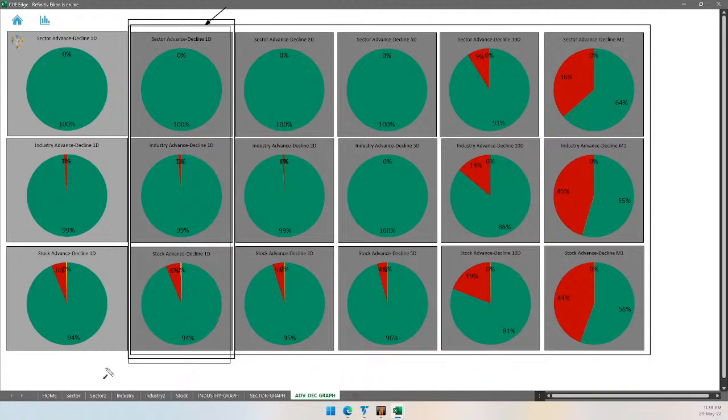And if you check this real-time signal using QH, you would also be willing to buy on Wednesday. So the trend line breakout happened at the same time that the sector advanced decline, industry advanced decline, and stock advanced decline turned bullish to give us additional confidence to buy.